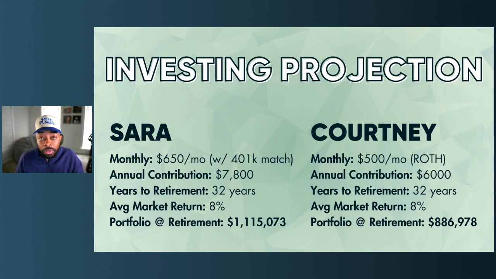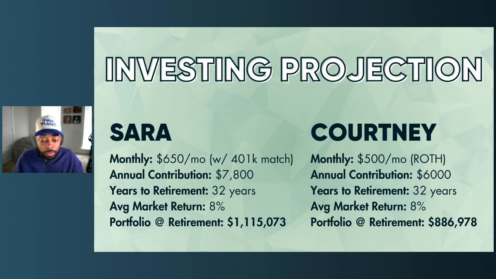They're both 30 years old. This is how things are going to look for them. So Sarah has a monthly contribution of $650 per month. We mentioned that earlier, where she's doing $325 and her company is matching that same $325. This makes her annual contribution $7,800. Years to retirement, we just estimated 62 for these two. They're 30 years old, so we have years to retirement of 32 years.